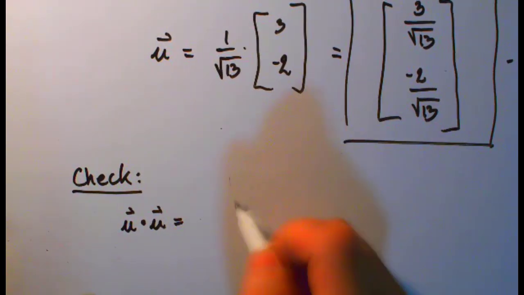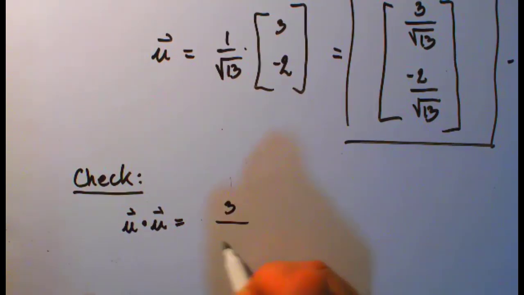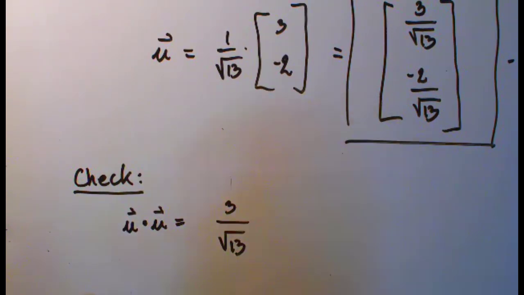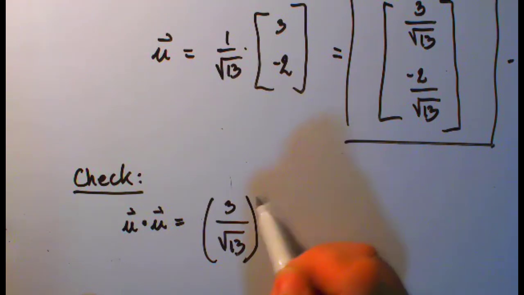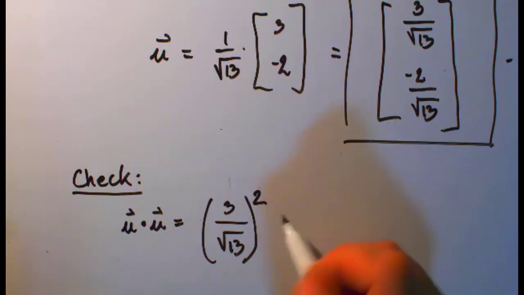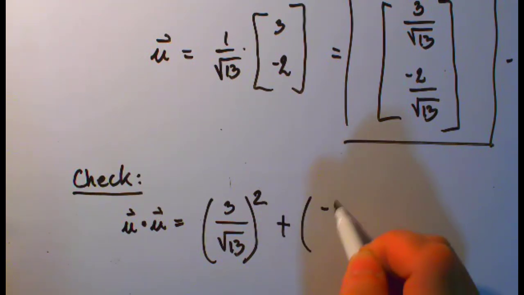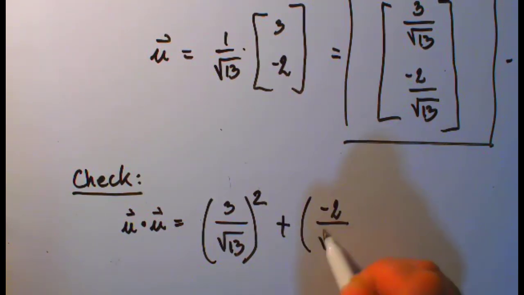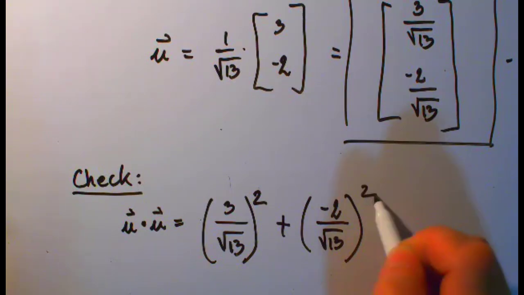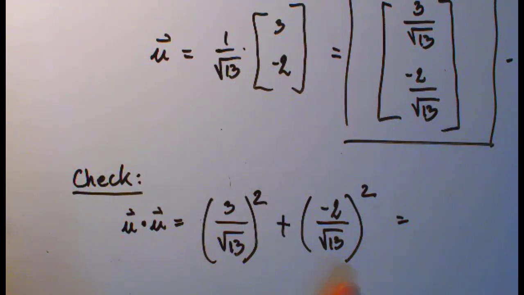So 3 over square root 13 is the first component, and we take u dot u by itself. So at this point, let's get straight into it. 3 over square root 13, squared, that's the first component, plus the other component, negative 2 over square root 13, squared. The good thing with squares in this problem is that they cancel out those square roots.